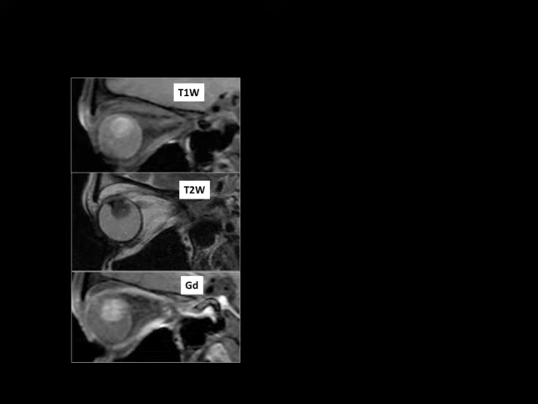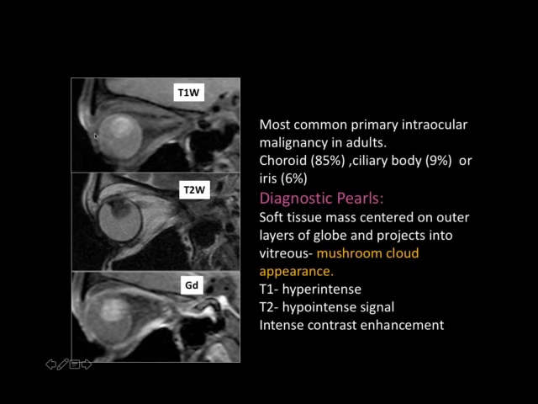This is melanoma. In melanoma you will be provided contrast images also: T1 hyper, T2 dark, and intense post-contrast enhancement. It would be mass-like. Most common malignancy in adults.